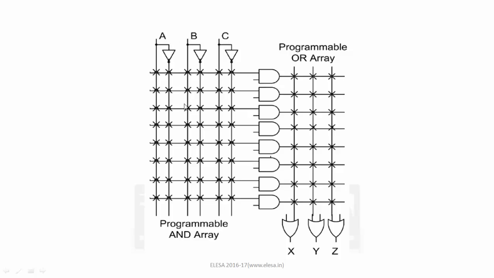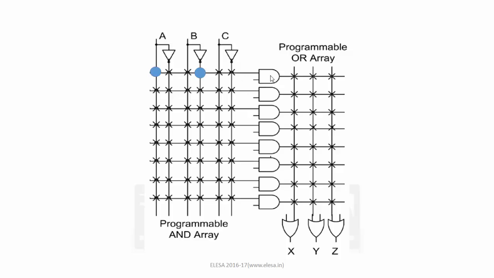So suppose I want to execute the XOR function inside it. What I will do is make the connection between A and one of the inputs of the AND gate like this. Then B bar: for that I will make the connection between the B bar line and the input of the AND. Actually this AND is capable of ANDing 6 inputs, but I have configured it to work as a 2 input AND gate by making connections.